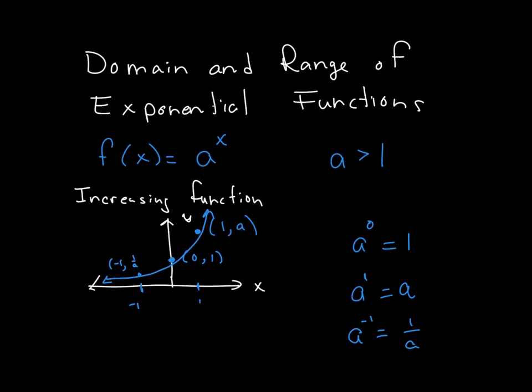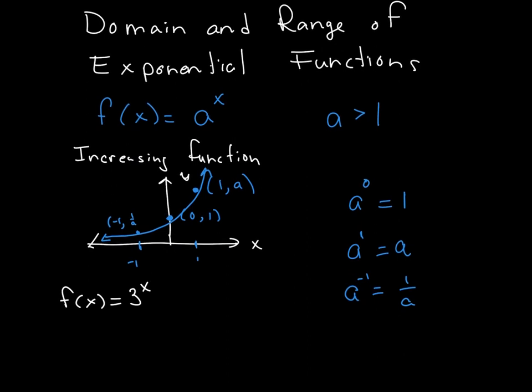So some examples of what that would look like, that could be f(x) = 3^x. It could be g(x) = 10^x. And it could even be h(x) = e^x, because e is a value, e is a number.